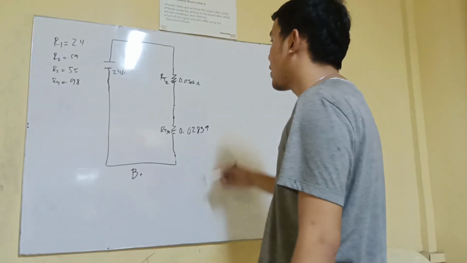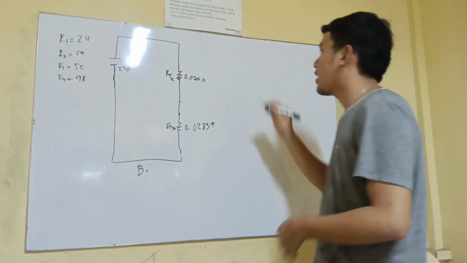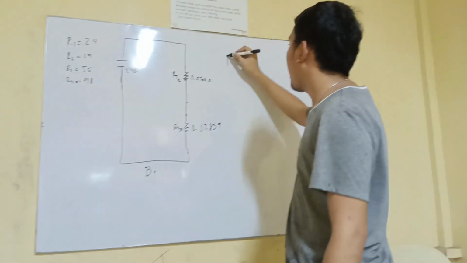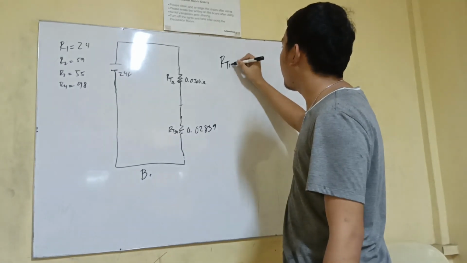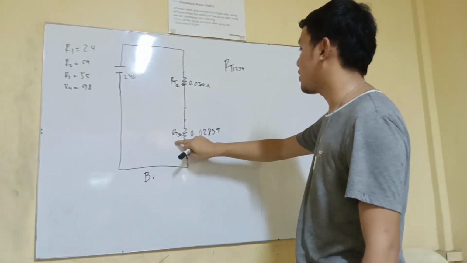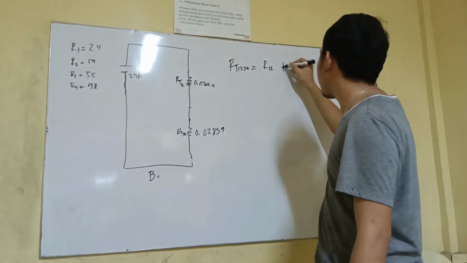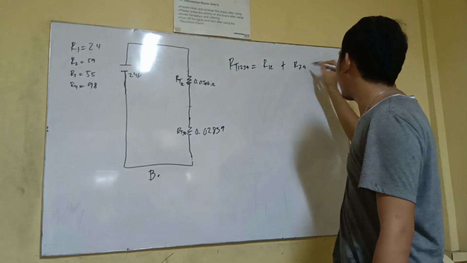There you go. Second, we're going to get the R total in series circuits. The formula is R total 1, 2, 3 and 4, which is R12 plus R34.